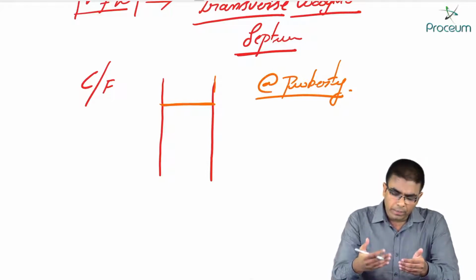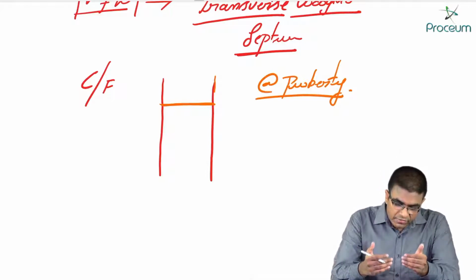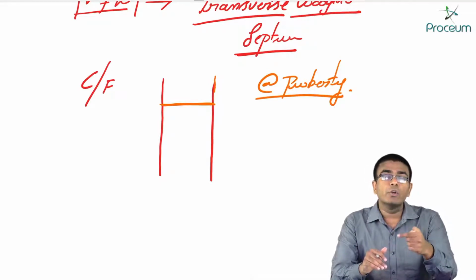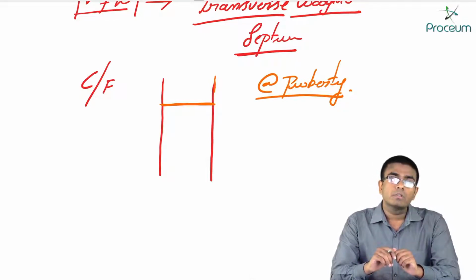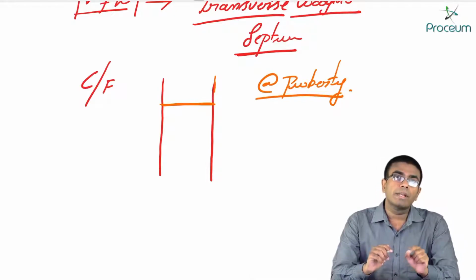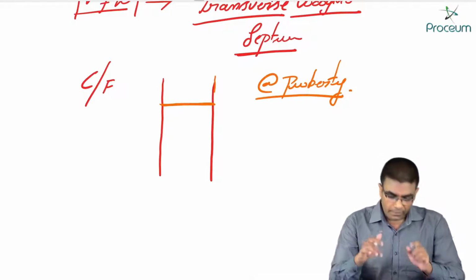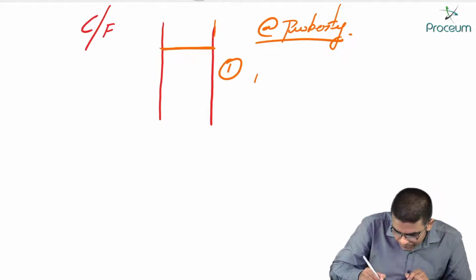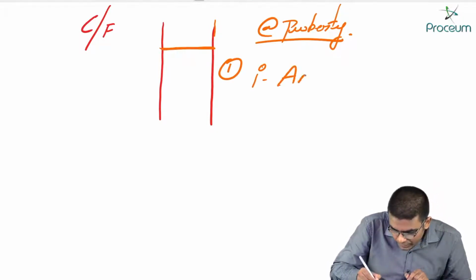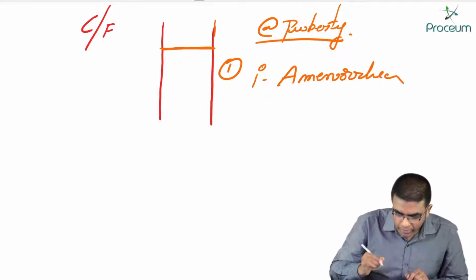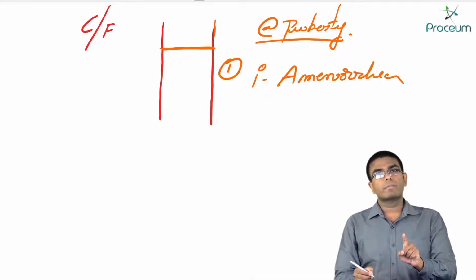But as she is having this septum, it doesn't allow the shed endometrium to come out, so she will present to the clinic with the main complaint of primary amenorrhea. Okay, primary amenorrhea is the chief complaint.